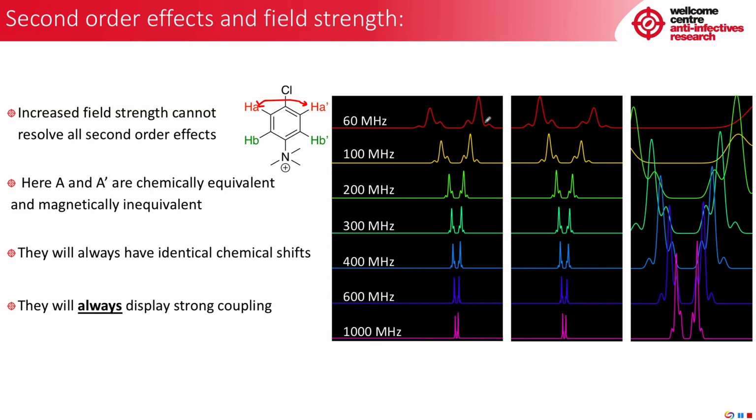And as we go from 60 all the way down to 1000 megahertz, you can see the signal gets a great deal narrower, but actually, if we blow it up over here, and you look, although it's sharper, the shape of this signal, even at 1000 megahertz, is actually the same. These will always give a second order effect.